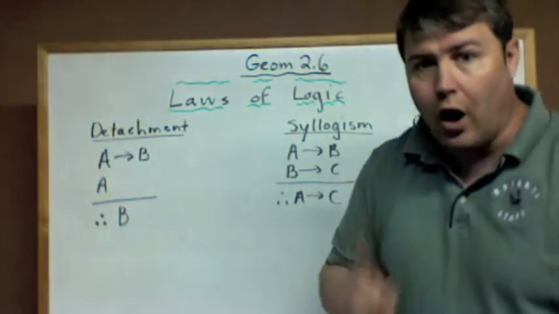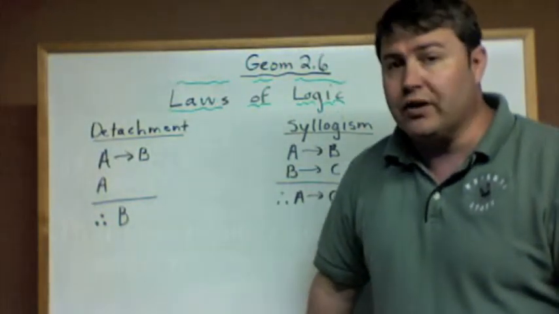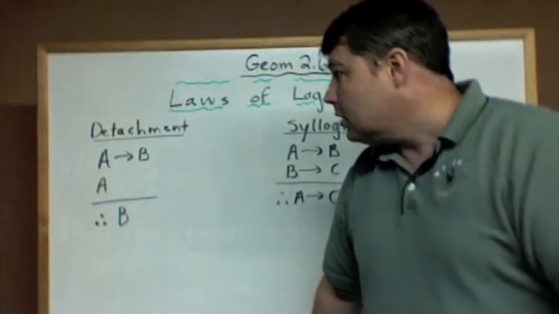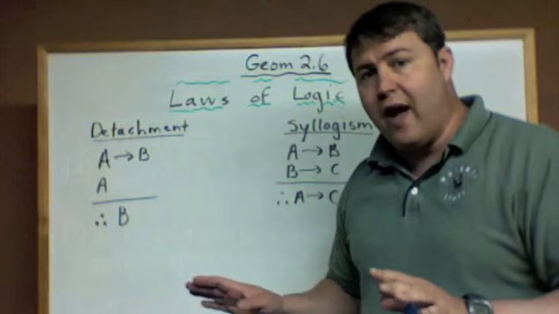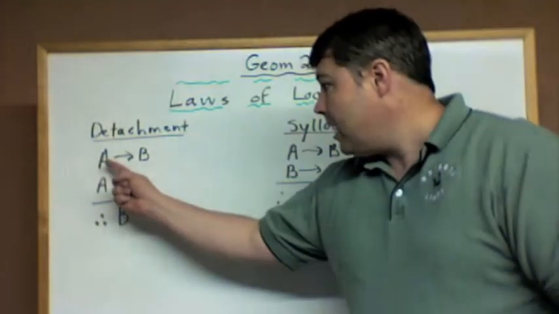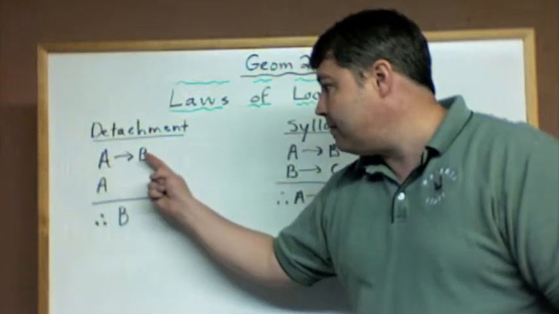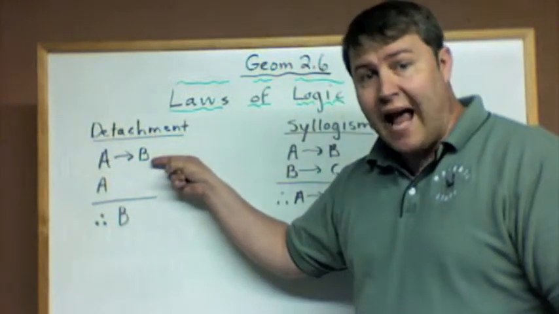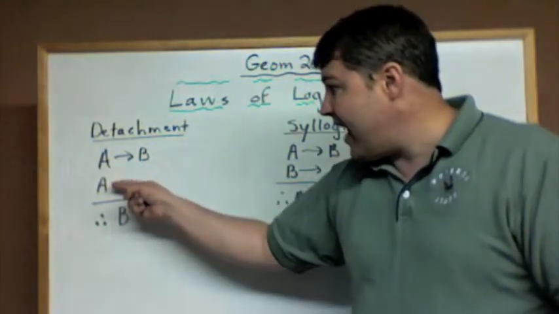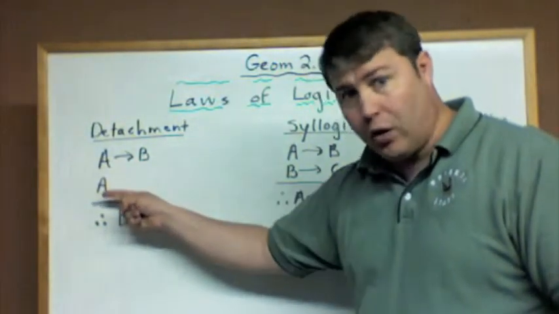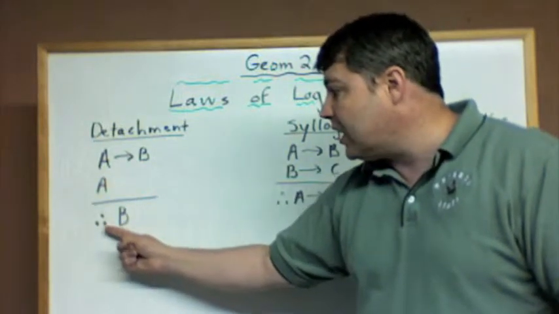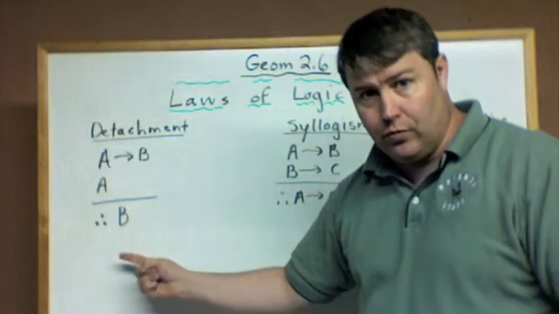The first valid argument that we're going to study is called the law of detachment. The law of detachment simply says if you ever have an if-then statement, a conditional statement, A implies B, or if A, then B, and we can all agree that that is true, and if we can all agree that A is true, the if part, then we can validly conclude that B has to be true.